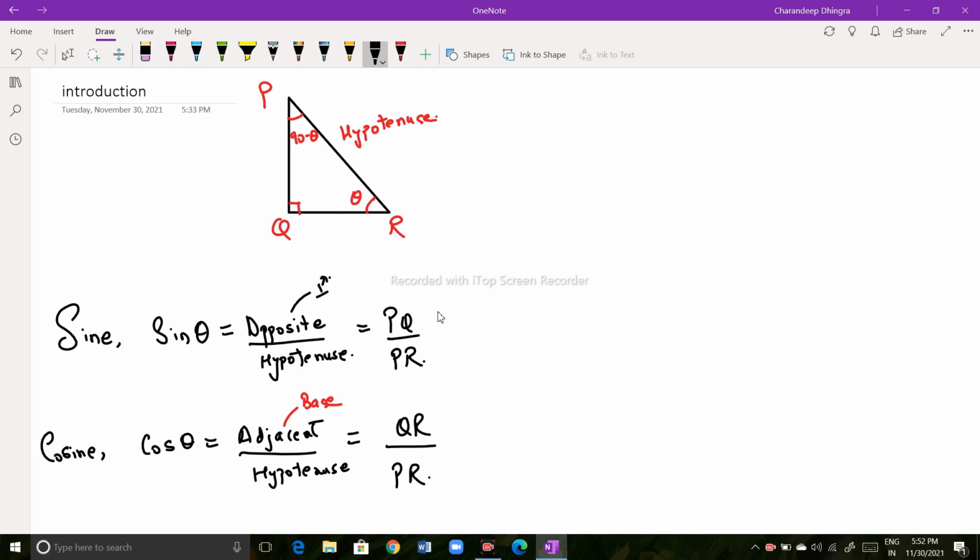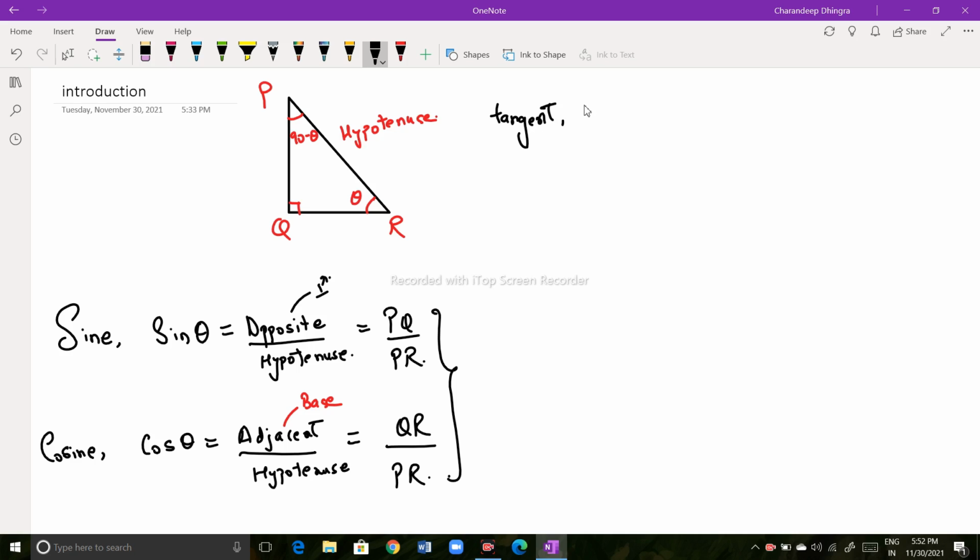Now these two are the basic ratios, the fundamental ratios of trigonometry. Using this, we'll get four more ratios. So those ratios are known as derived ratios. So the next ratio which we get from sine and cosine, if you divide sine and cosine, you will get the third ratio, which is tangent.